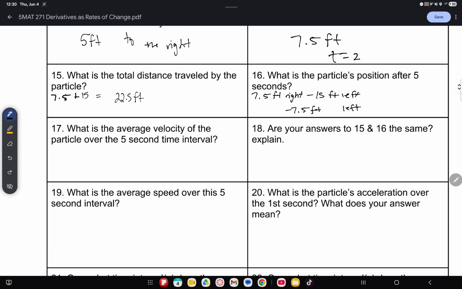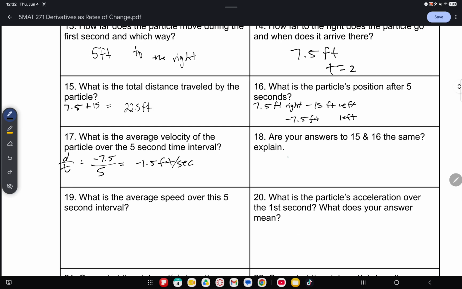What is the average velocity of the particle over the 5 seconds? All right, so that average velocity is going to be that distance over time. So we just found the total distance was that negative 7.5, right? And then the time was the 5 seconds. So we get negative 1.5 feet per second.